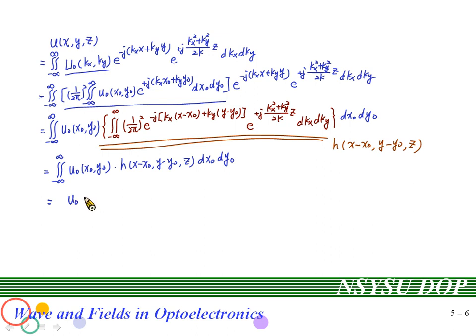So the above integral can be written as the convolution of the u0 function and the h function. Okay, so what I am saying is that if you want to obtain the amplitude function at any point of z, you can just perform the convolution of the initial amplitude and the h function.